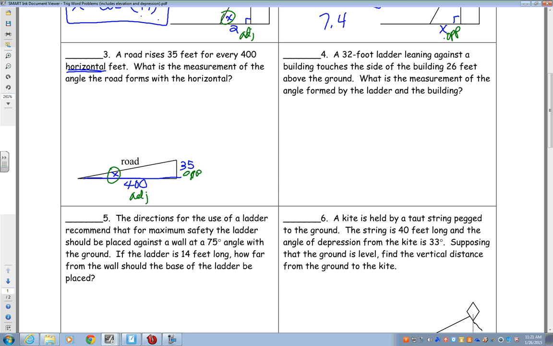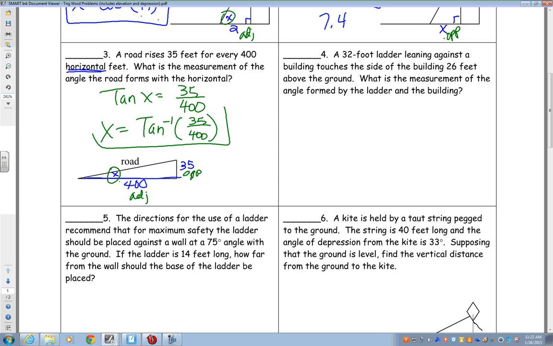Okay? So this is tangent of x equals 35 over 400, opposite over adjacent. But because we're doing inverse, because it says we're finding the angle, use tan inverse. x would be tan inverse of 35 over 400. And that's the calculator ready part. Okay, so that's what we put in our calculator.